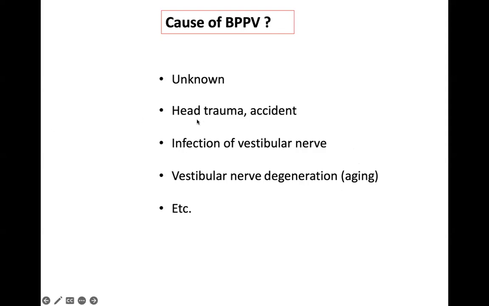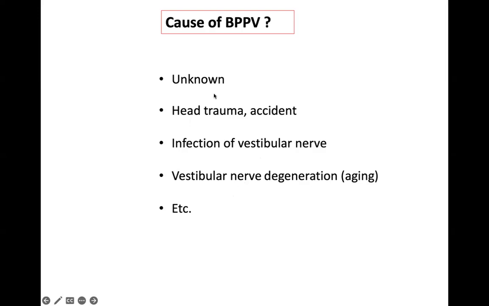However, if the elderly have head trauma or accidents, then the chance would be even higher. Even the younger populations, if they have strong head trauma, that impact can knock off those crystals somehow, right? So that can also happen. Okay, infections as well. Infections of the inner ear or vestibular nerve can also cause BPPV. And vestibular nerve degeneration itself can also be a part, right?